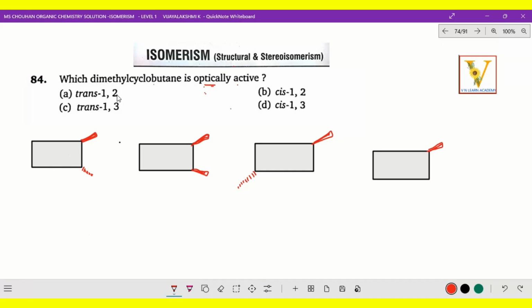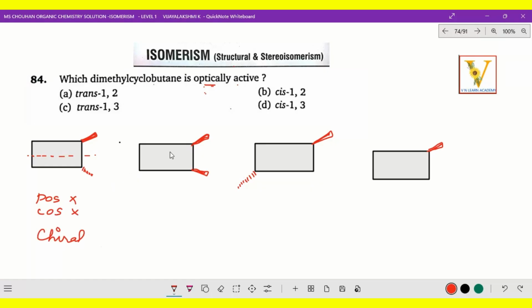Now trans 1,2 dimethyl cyclobutane: as we cut over here, both sides are not similar. Here the methyl group is above the plane, and here it is below the plane. So naturally POS and COS are absent, which means 100% it is a chiral compound.